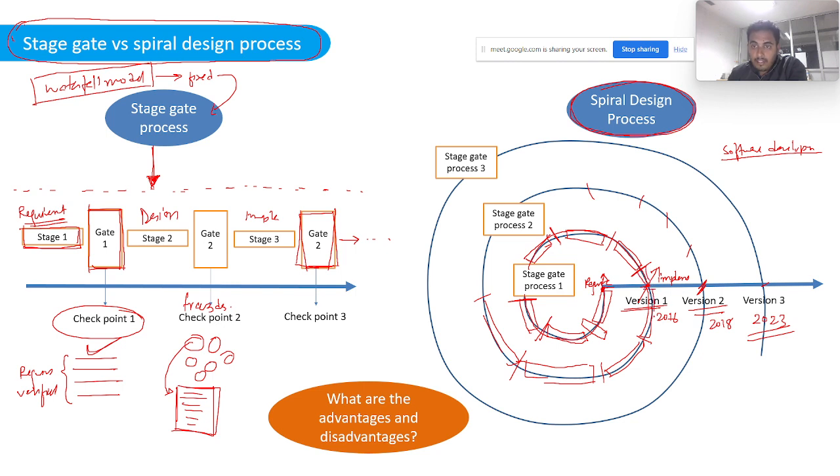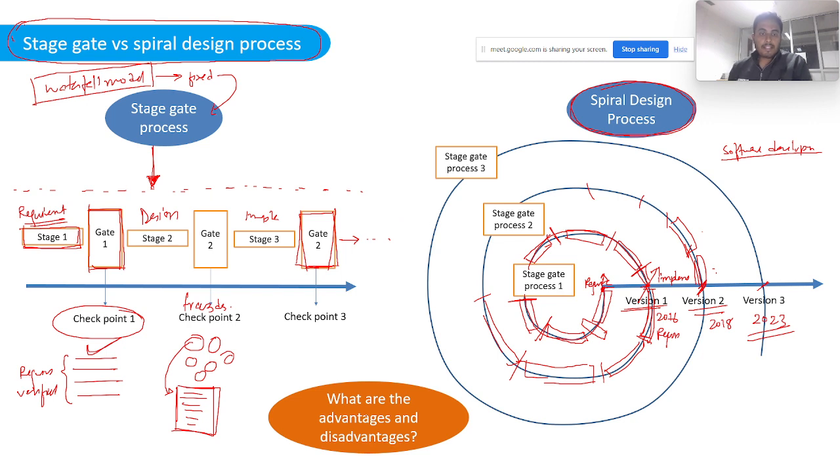Then you again improve your requirements, move ahead, implement something, and verify, and when new requirements come, you do it again. This way of development or design process is what we call a spiral design process. Clear? Okay, I'll give one example.